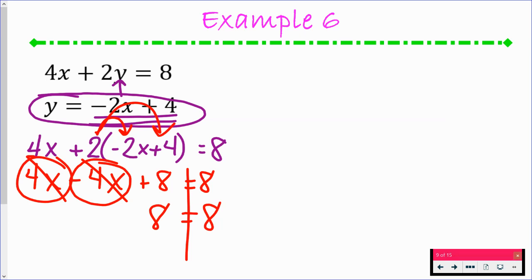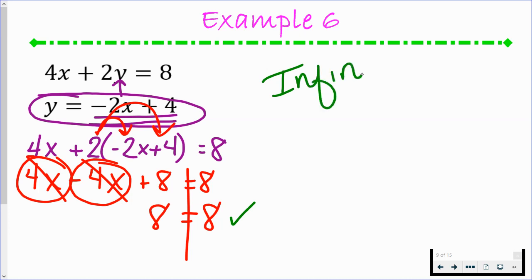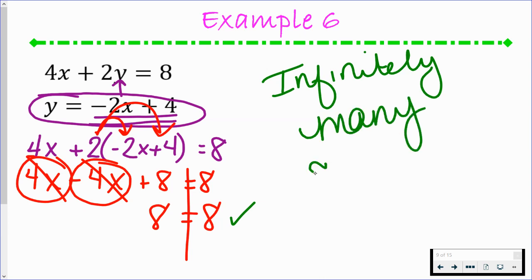Well, is 8 equals 8 a true statement? Yeah, the same exact number. So since the variables canceled out and I'm left with a true statement, then it goes back to being infinitely many solutions.